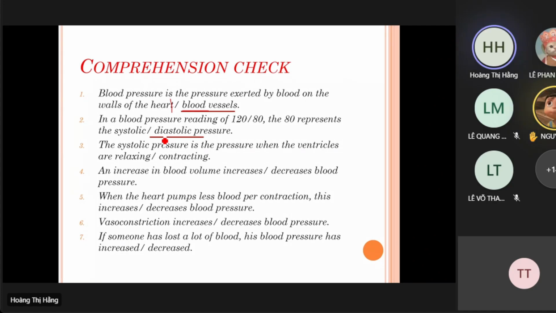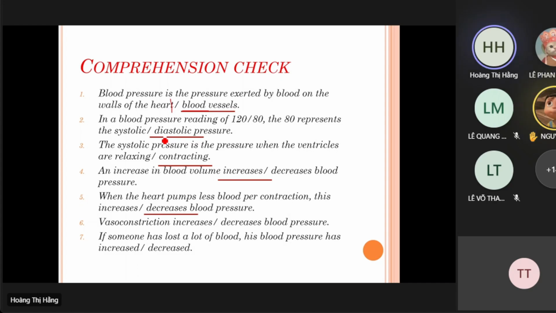That's it, the ventricle contracting, and the systolic pressure is the upper number. Dạ, câu 4 là increases. Increases. Increase in blood volume. Sure. Câu 5 là decreases. When the heart pumps less blood per contraction. This means, yeah.